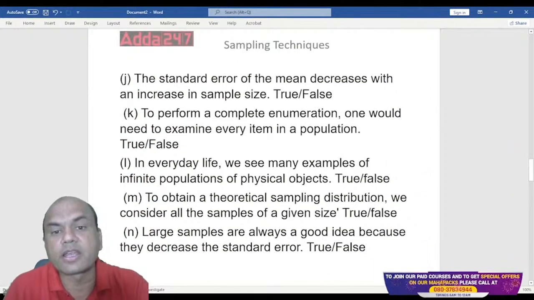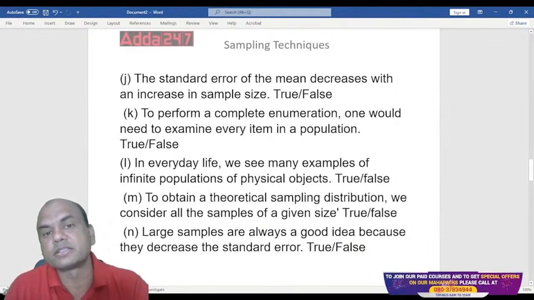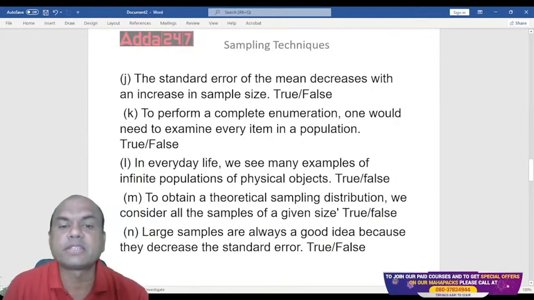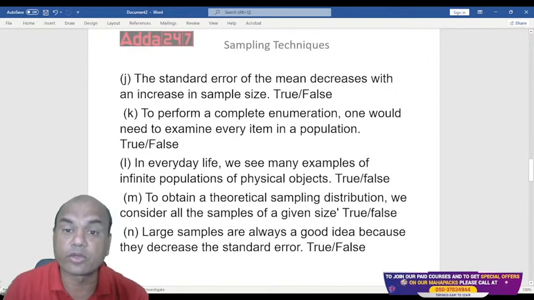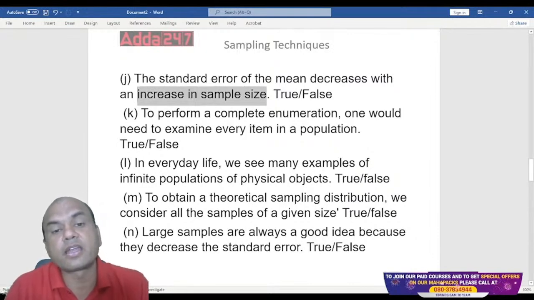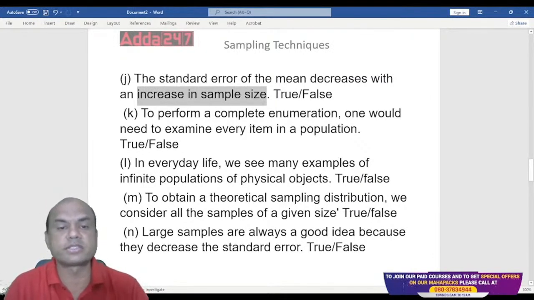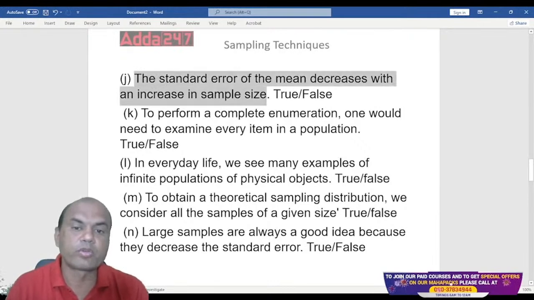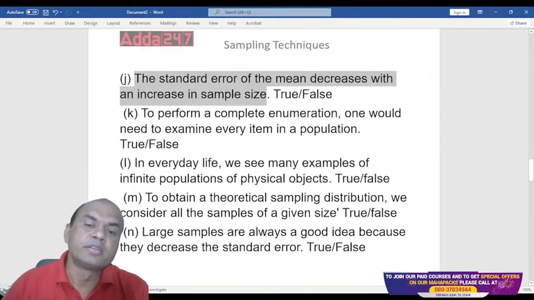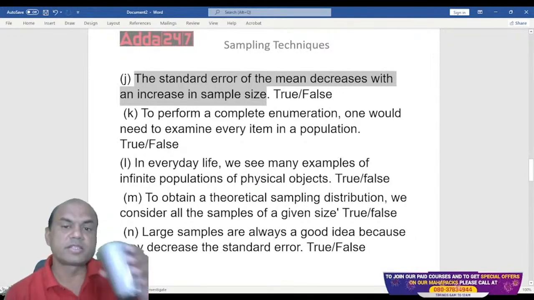The standard error of the mean decreases with an increase in the sample size. As I go on increasing the sample size, will the standard error decrease or increase? True or false?